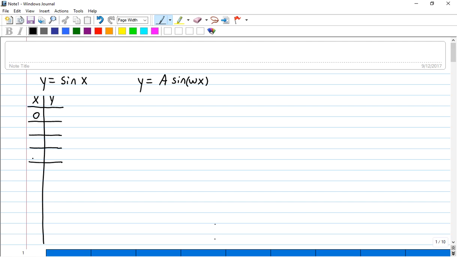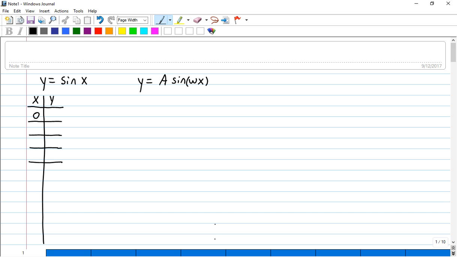Now, I'm not going to be using degrees. I rarely use degrees. And I know that's probably what you're used to, so it's okay to convert that over if you need to. But when we start talking about graphs of things, degrees really don't make that much sense.